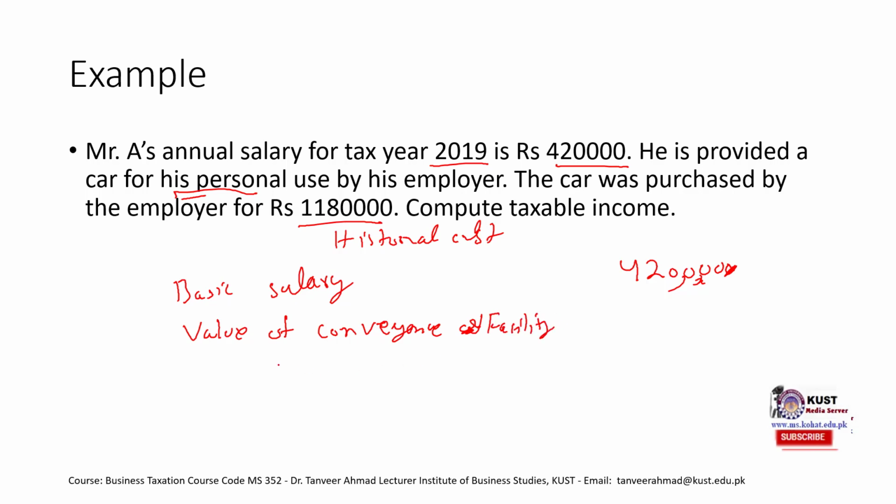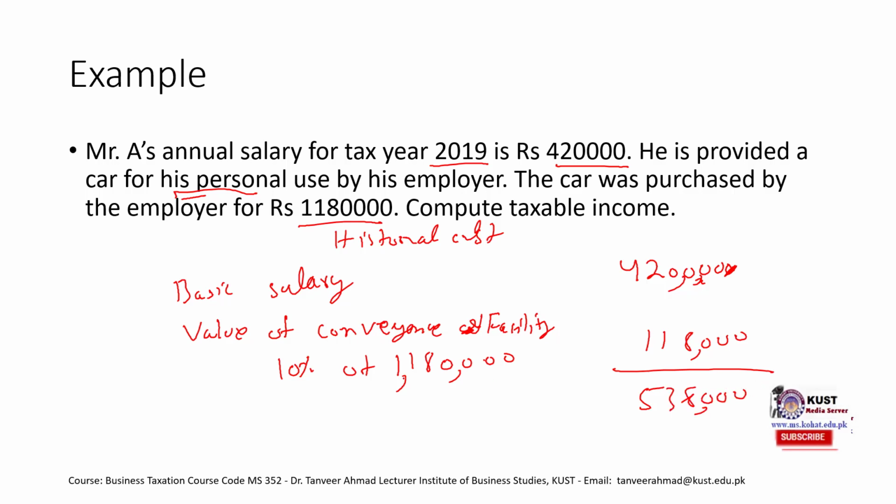So that would be 10% of 11 lakh 80,000. So this amount would be 1,18,000. The total amount is going to be 5,38,000. This would be our taxable income.